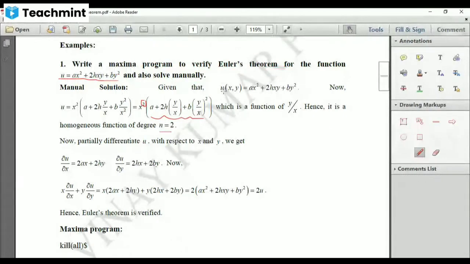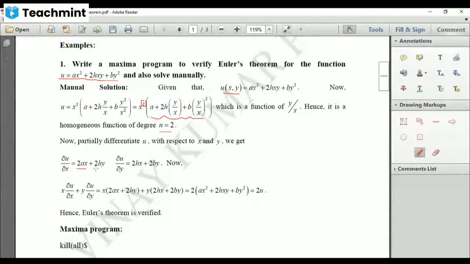What is the partial derivative of u with respect to x? When you are differentiating u with respect to x, your y is constant. a is also constant, h is constant, 2 is constant, b is constant here. Derivative of x square is 2x. 2x into a is 2ax plus 2hy is constant. Derivative of x is 1.